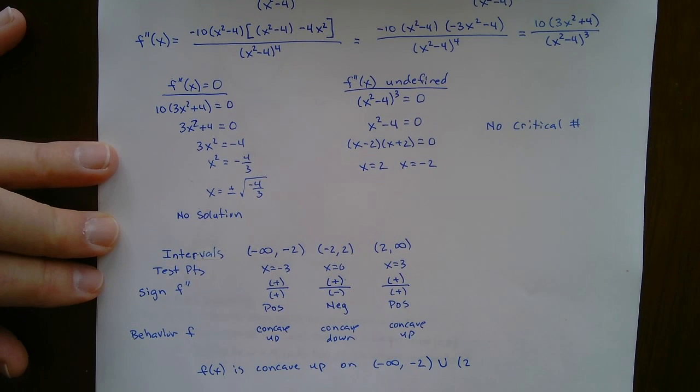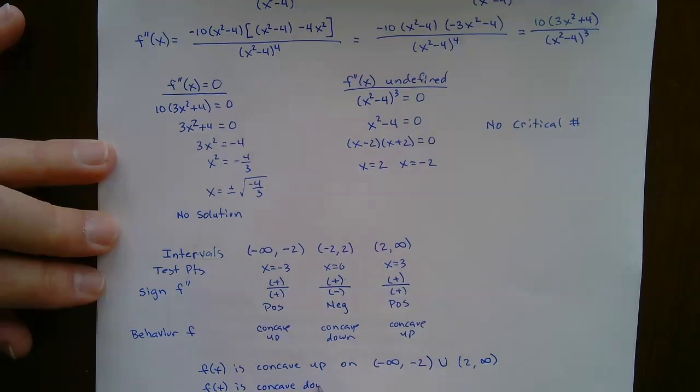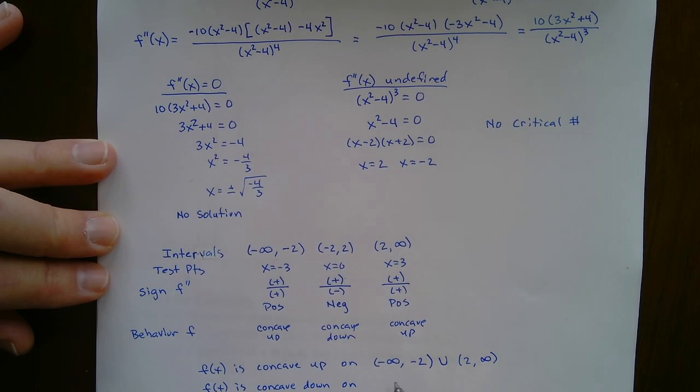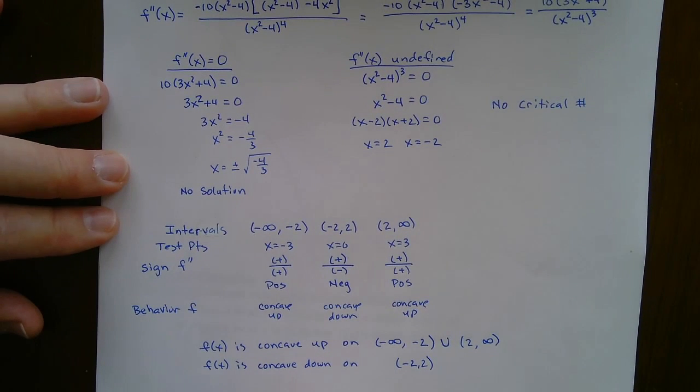So you can't be concave up at an x value that's not part of the domain. So that's why we're not including it, okay? So 2 to infinity, and then f of x is concave down on -2 to 2. All right, and again, we're not including -2 and 2 because they're not part of the domain. And then we could say also, there's no inflection points.